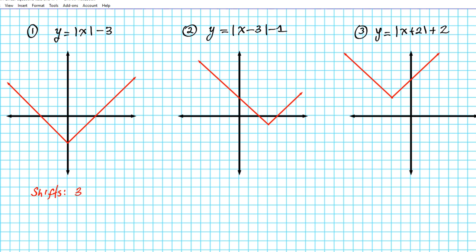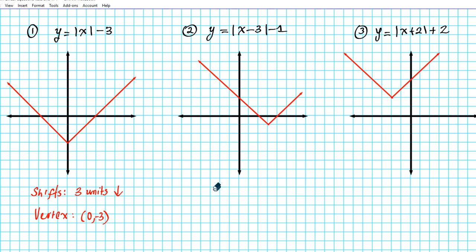So you're going to shift 3 units. Since you have a minus 3, it's going to be 3 units down. And that will take us to the vertex. Since there's no shift in the x direction, you have 0. And then negative 3 for the y because you went down 1, 2, 3 units.